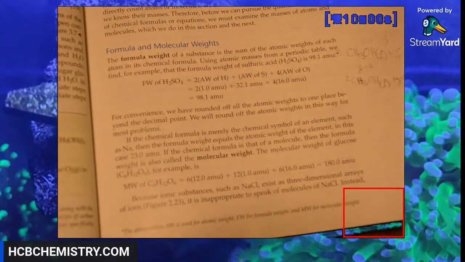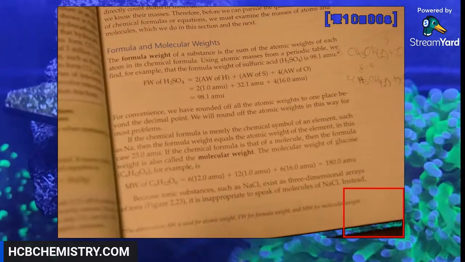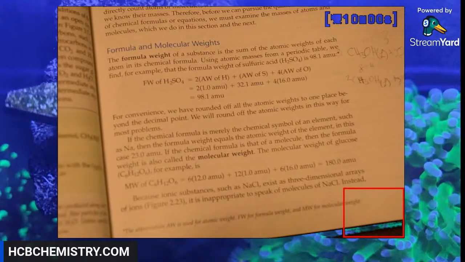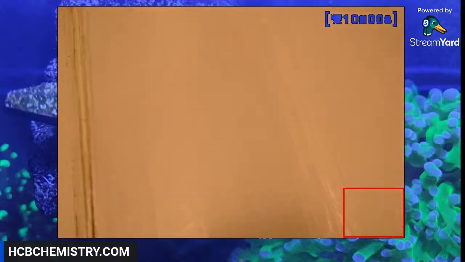All right, the way they got those numbers is through the periodic table, which is over here.